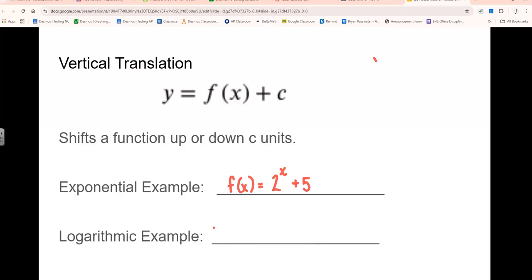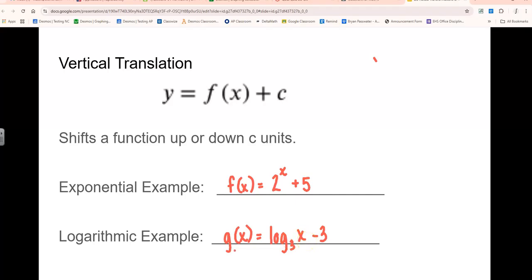A log example might look something like this. I'm going to call it g of x equals log base 3 of x. And if I want to move this down 3, I would put a minus 3 out here on the end. Now, this right here could be written this way because if I don't have parentheses, the parentheses only go with the one thing behind the log.